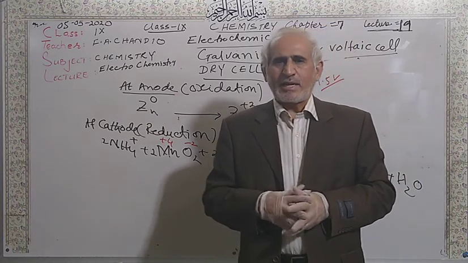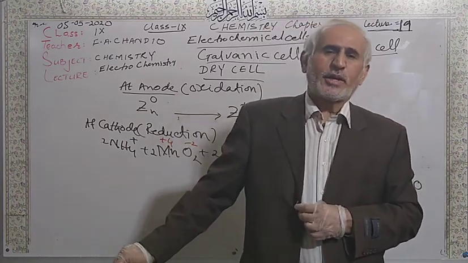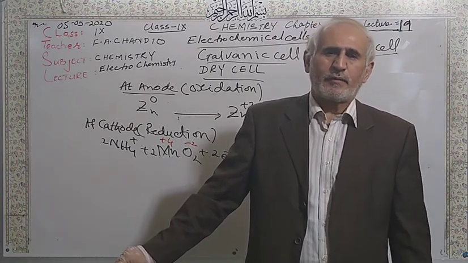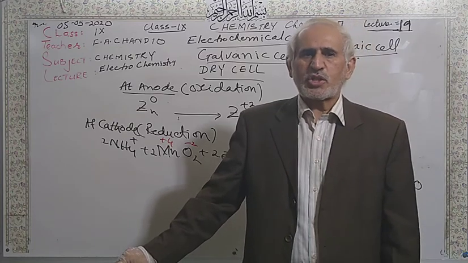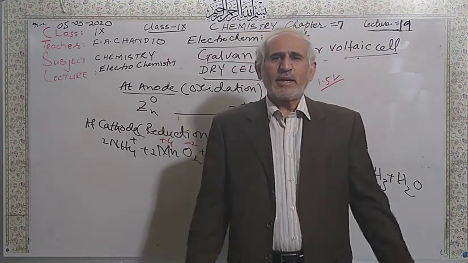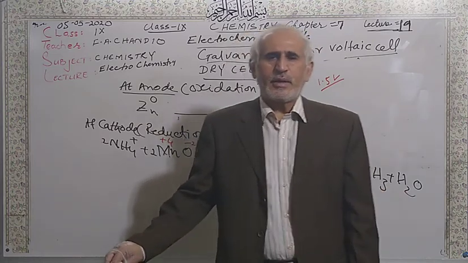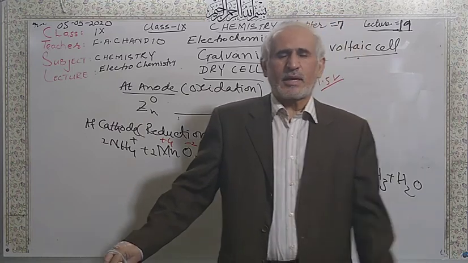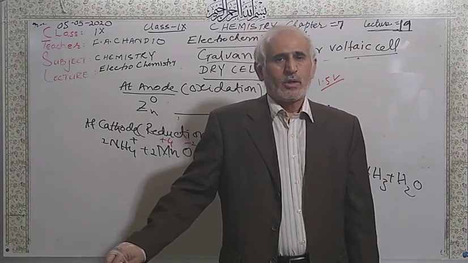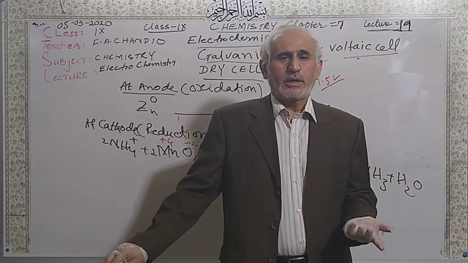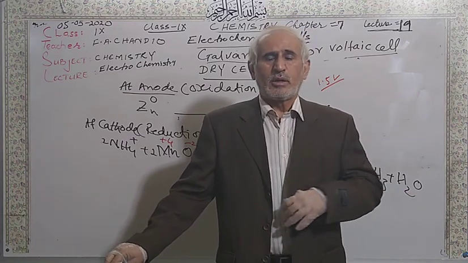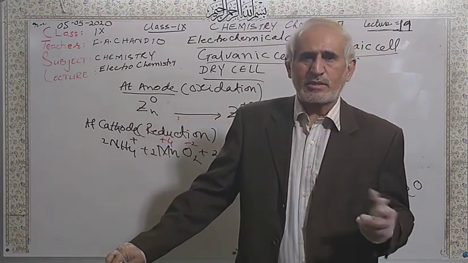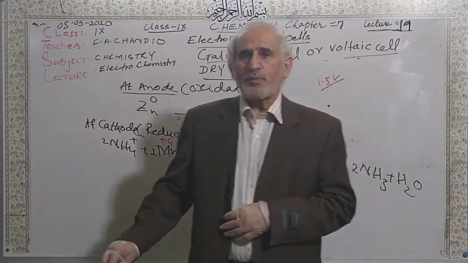If you buy these cells, they are non-rechargeable. When you put it inside a toy and it is finished, you have to buy another one. In wristwatches there are small cells of many kinds. They are also galvanic cells but with different names: nickel cadmium cells, silver cells, mercury cells. They are also rechargeable or non-rechargeable. Rechargeable cells are expensive, and non-rechargeable cells are cheaper.